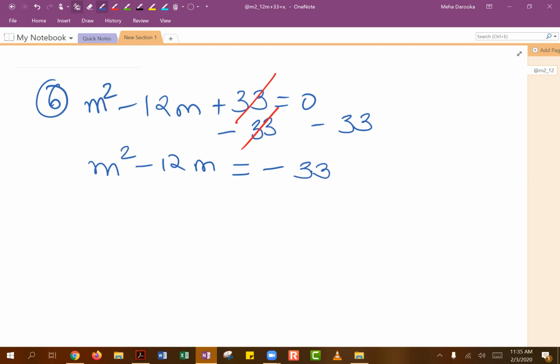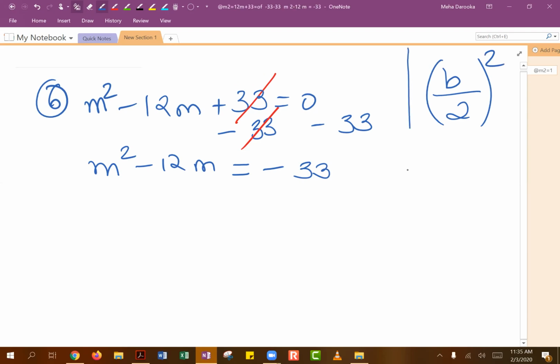For the process of actually completing the square, you need the coefficient of your middle term, which will be that 12m. Now, you don't have to worry about that negative sign on the 12. So remember, the process is we take the coefficient of our middle term, which is the b term, take its half, and then we take a square on that value.